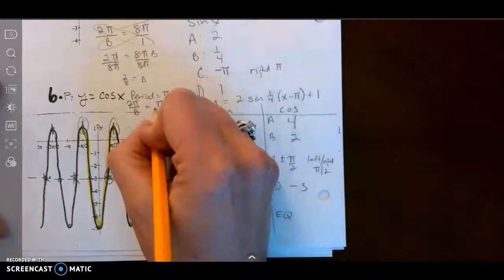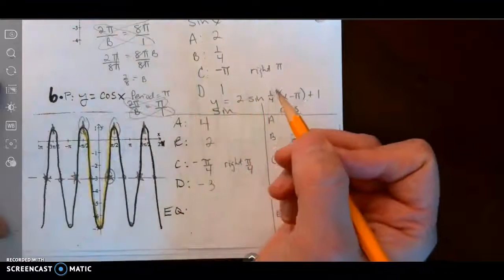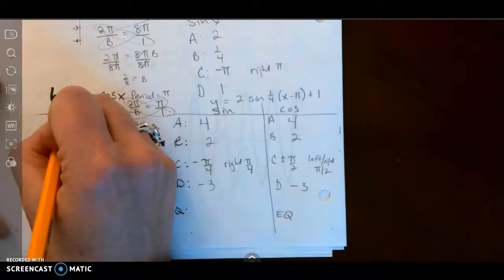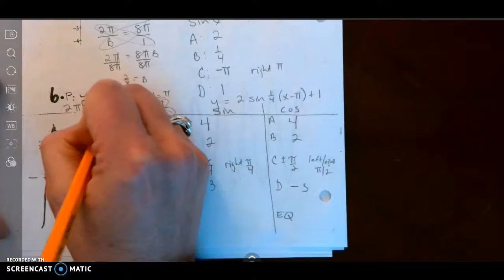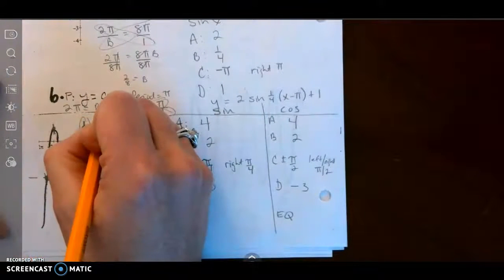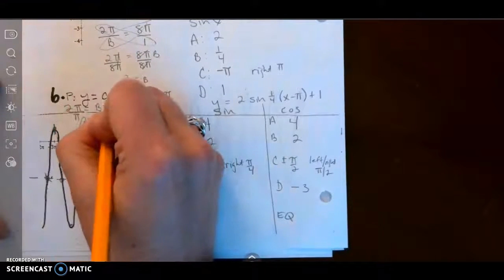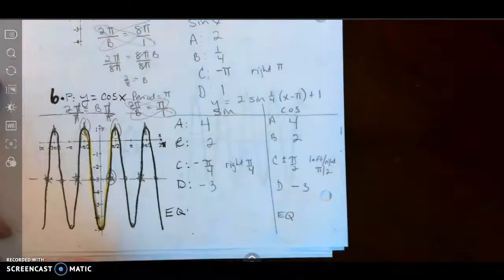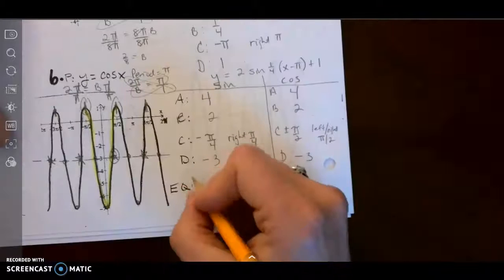If that doesn't make sense to you, cross multiply. And you would get 2 pi equals b pi. We're solving for b, so divide both sides by pi. The pi's cancel, and b equals 2. Now I'm ready to write my equations.